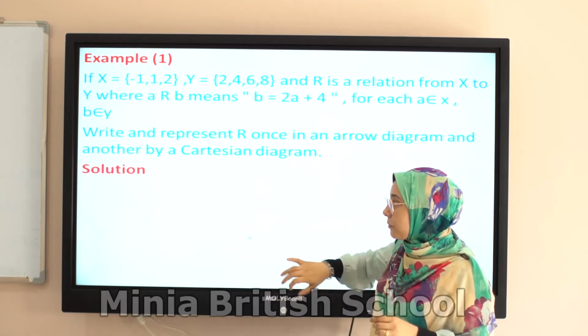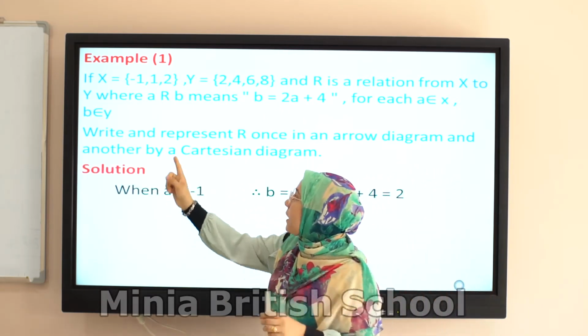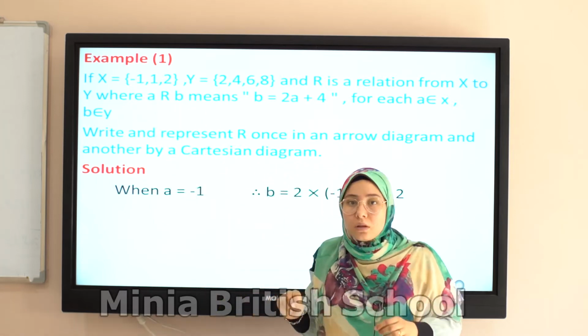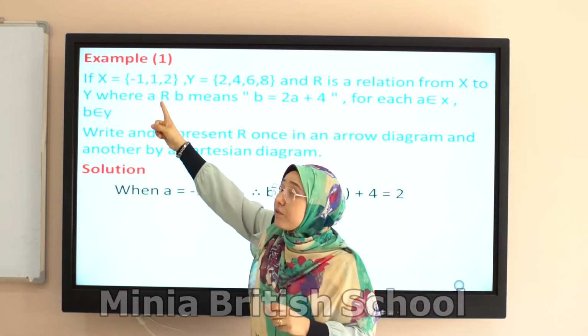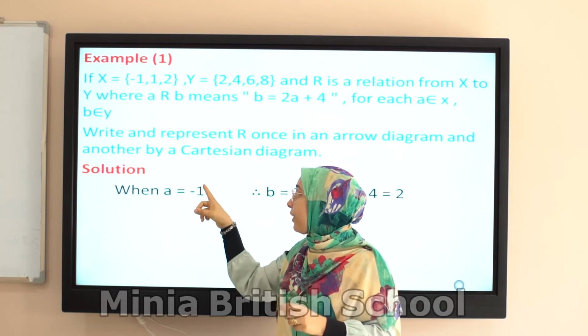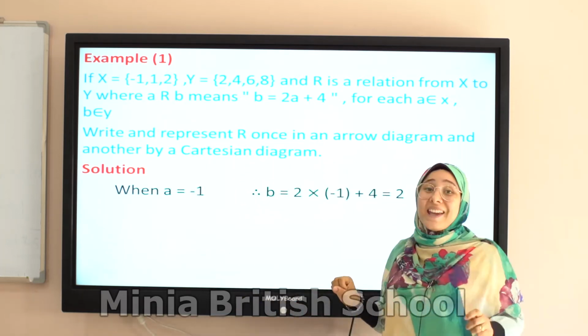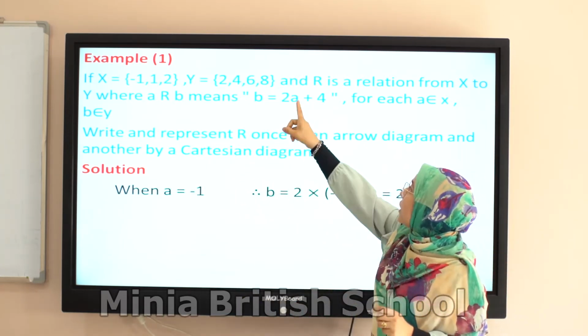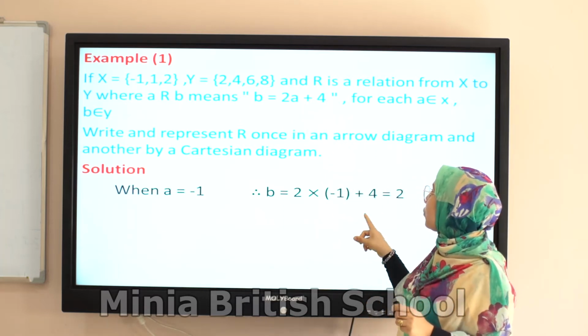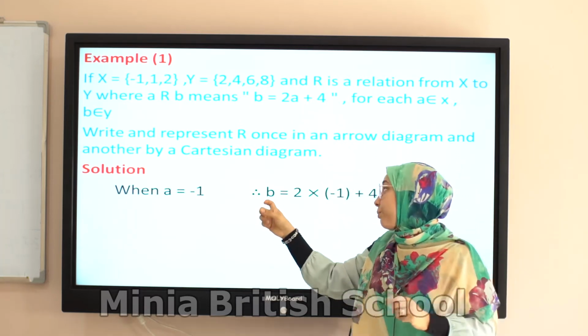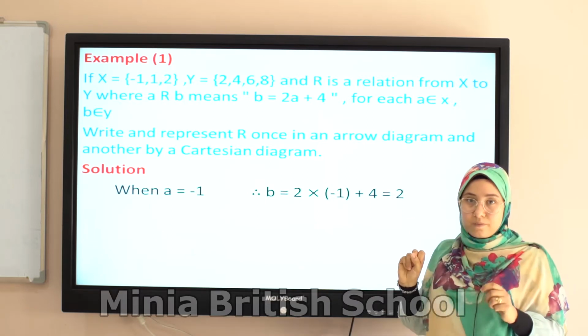When A equals -1, substitute this value in this relation, we get P equals 2 times -1 plus 4. So P equals 2.